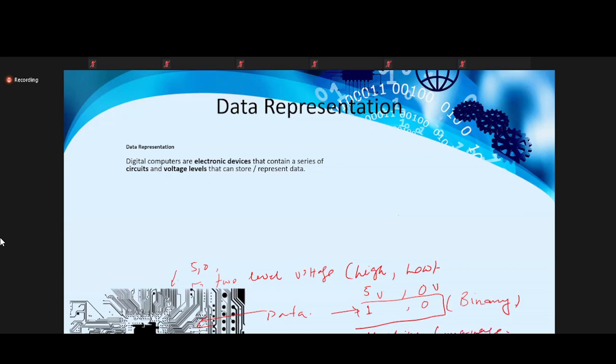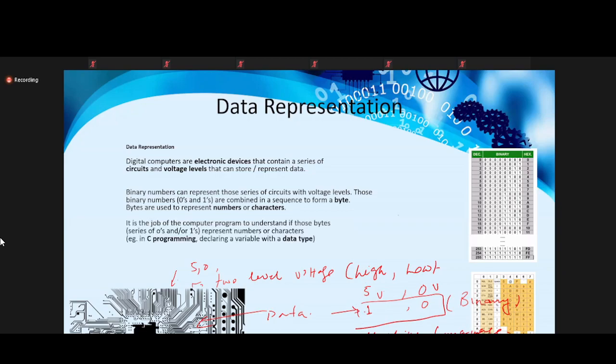Okay, so we talked about numbers and bytes. What was the byte? 8 bits together are known as a byte. 8 bits, okay? So what is a bit? This is what we call a bit, right?